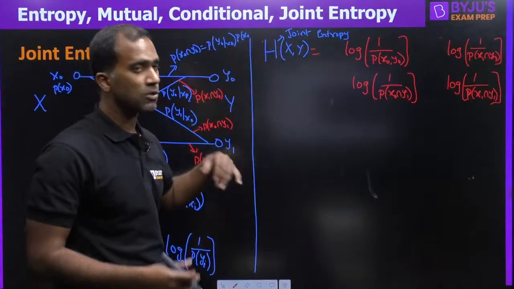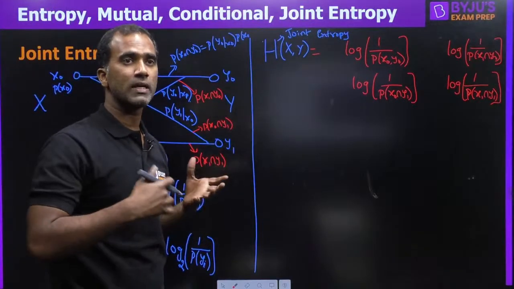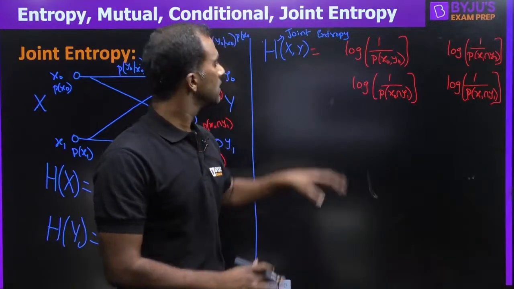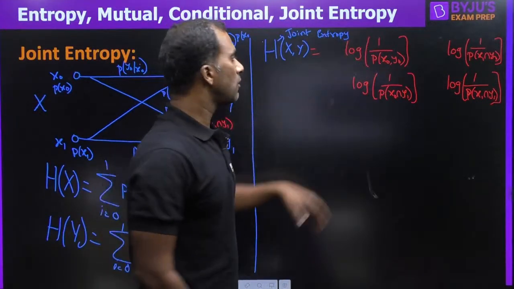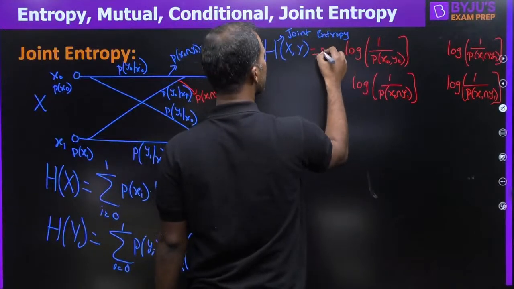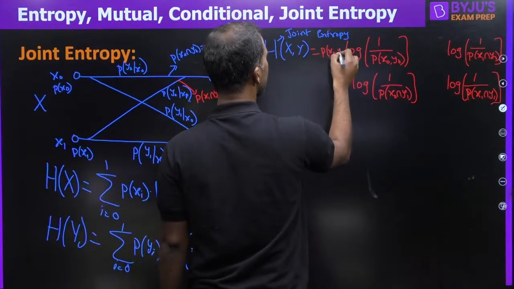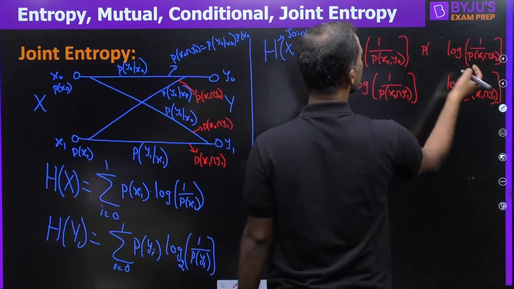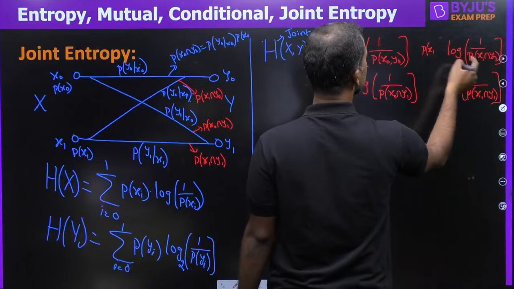We want joint entropy. Joint entropy means joint average information. How do we average? We just multiply them with the corresponding probabilities. So this information happens with how much probability? This information happens with the probability of p of x naught, comma y naught, and this information happens with the probability of p of x1 intersection y naught.